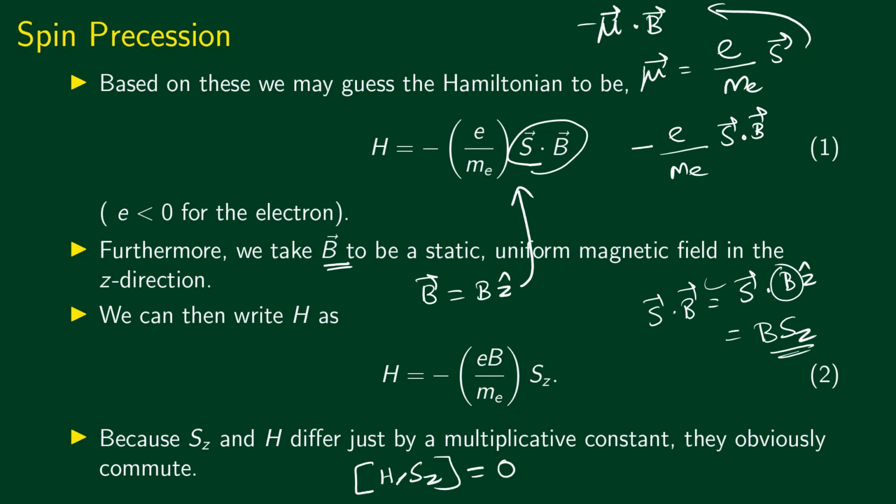It's clearly because the difference between them is only a multiplicative constant. So again, as we said so many times, this means that the Hamiltonian and the S_z operators have common eigenstates. All right, the eigenkets of S_z are also eigenkets of the Hamiltonian.